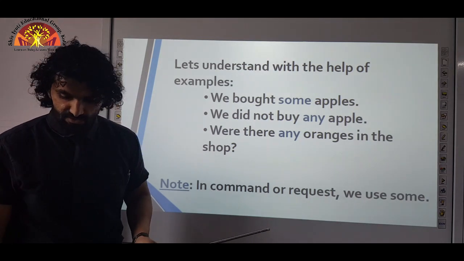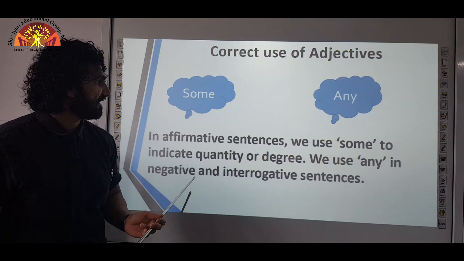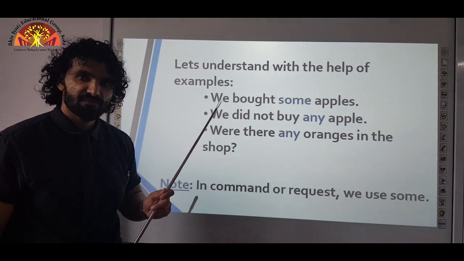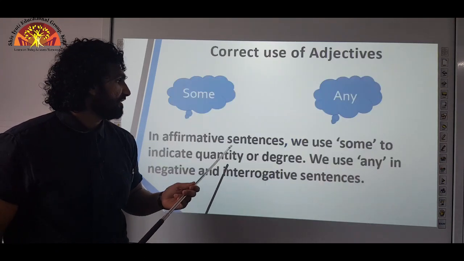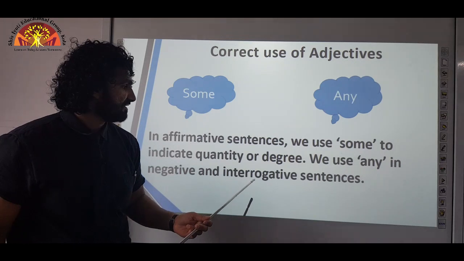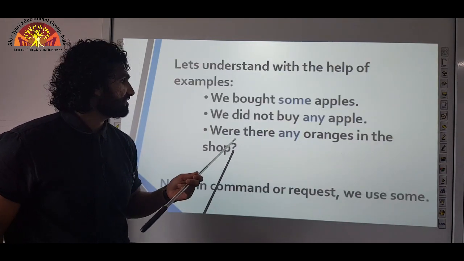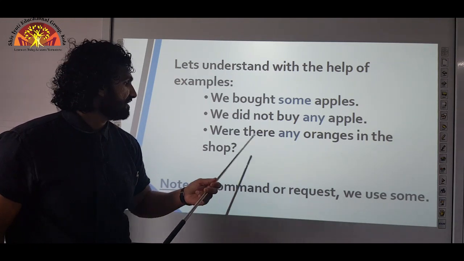This is a negative sentence. As we learned, negative sentences have not in them. Okay, did not, negative sentence. We also learned that interrogative sentences are those which ask questions. So here a question has been asked: were there any oranges in the shop?